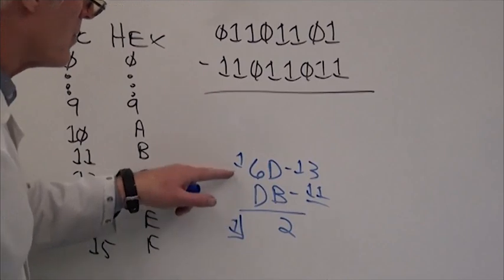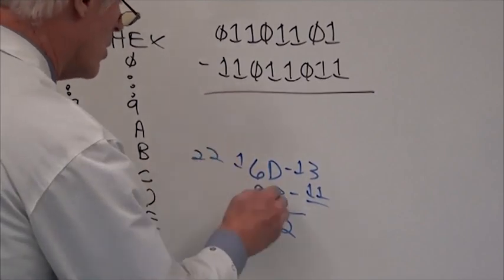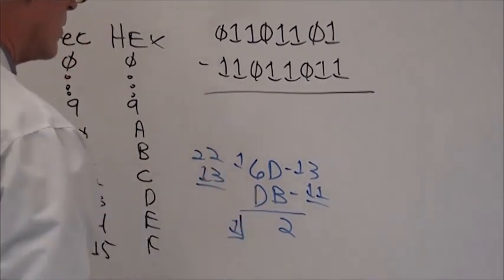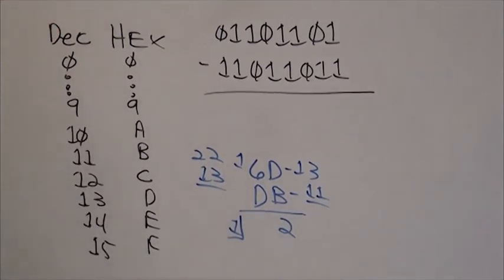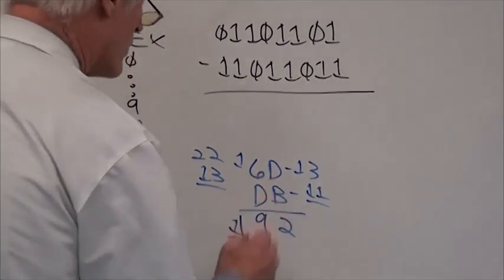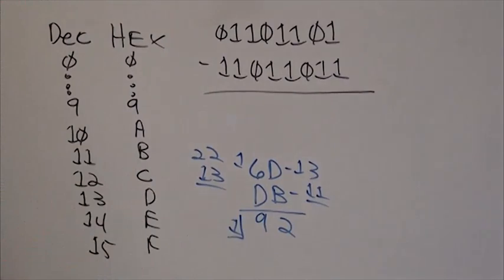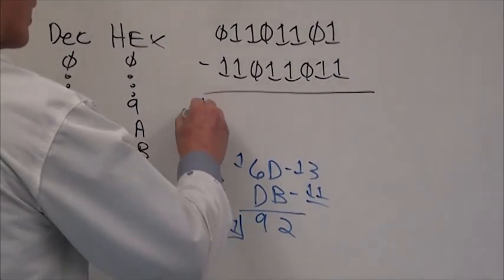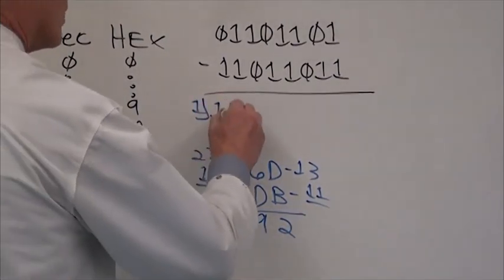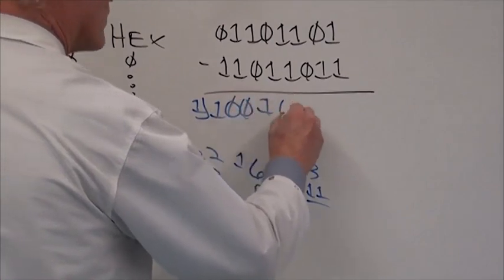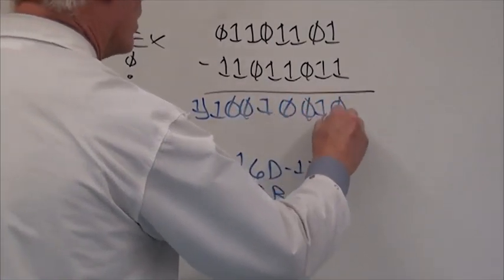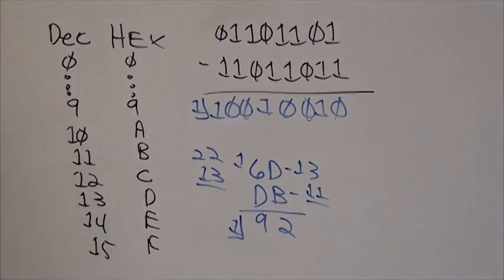So these balance out. So 16 plus 6 is 22 minus 13. And once you've got that, the answer is 9. Then you can write the answer back as a carry: 1, 0, 0, 1, 0, 0, 1, 0. This is the fastest and most accurate way to do it.